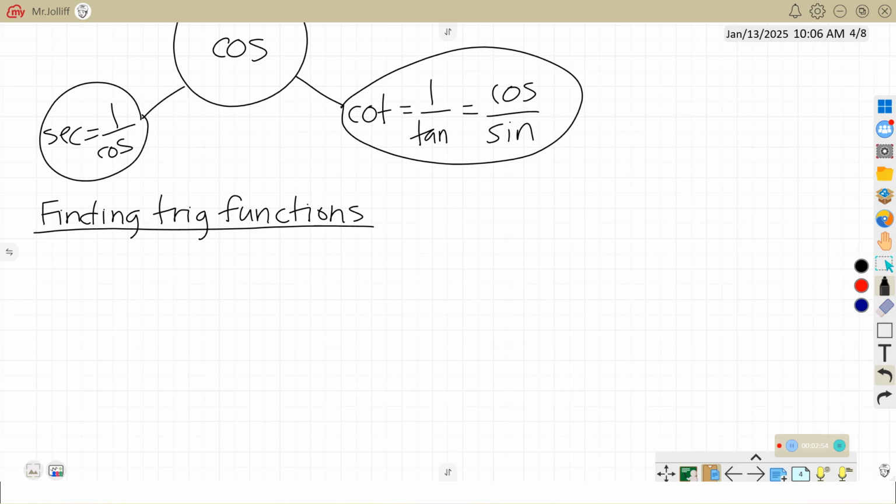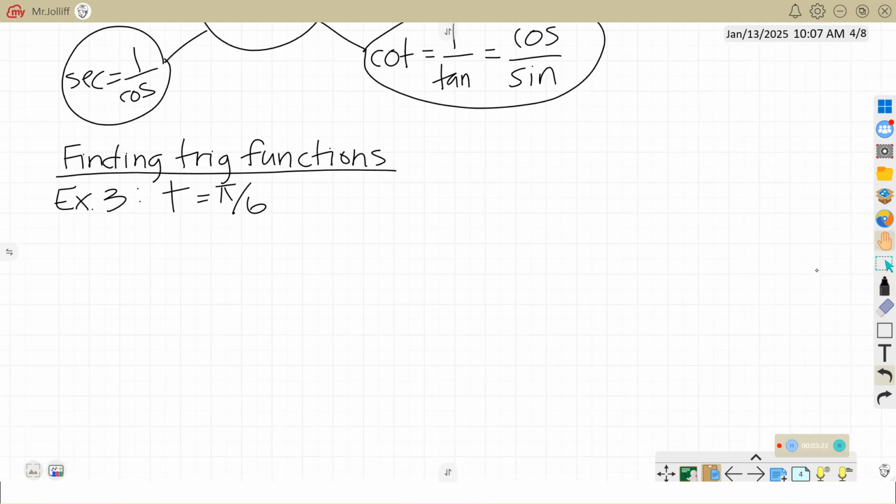So we're going back to finding trig functions, and I think we should be on example 3, if I'm not totally losing my mind. For example 3, I know my angle t is equal to pi over 6. And I want to find all 6 trig functions for the angle pi over 6.